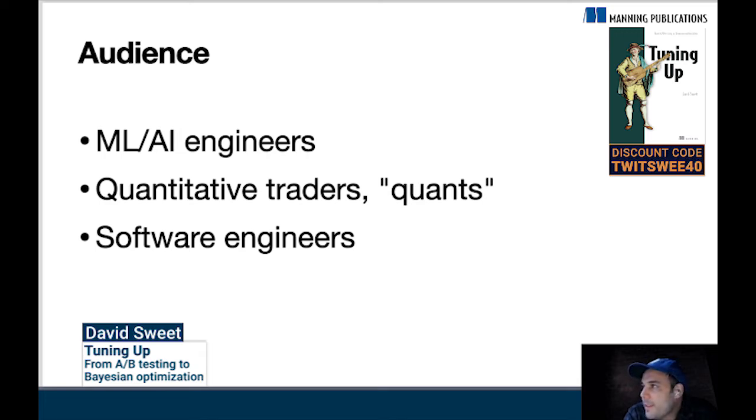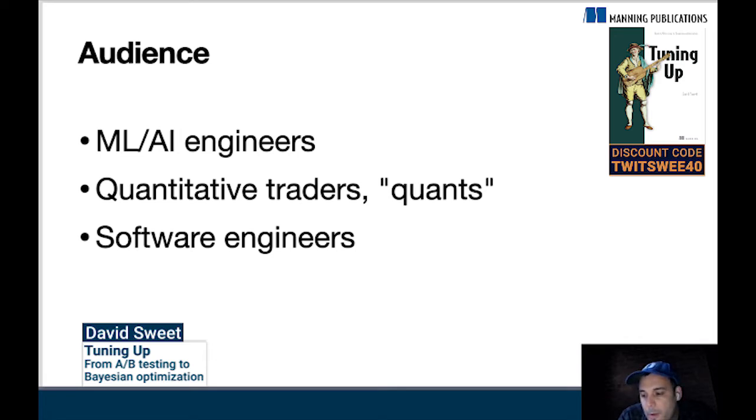As examples, you might think of a recommender system, like recommending which posts you should see in your stream in Twitter or your news feed on Facebook, or maybe recommending new songs on Spotify. For quantitative traders, create algorithmic trading strategies that trade autonomously, buying and selling stocks or other financial instruments.